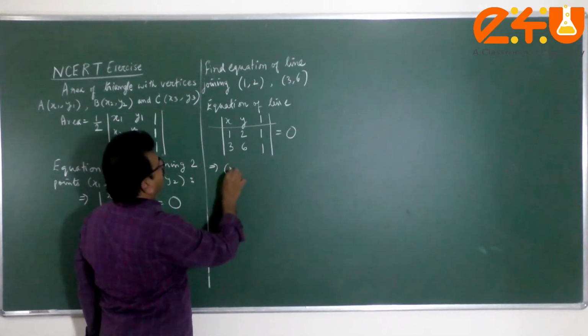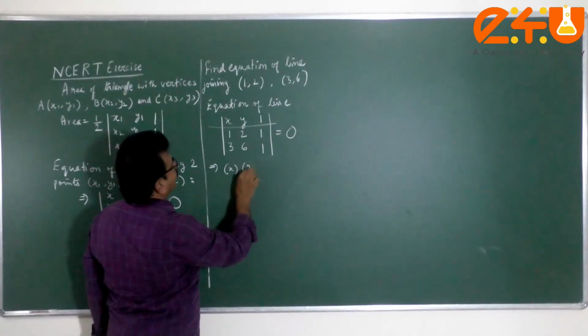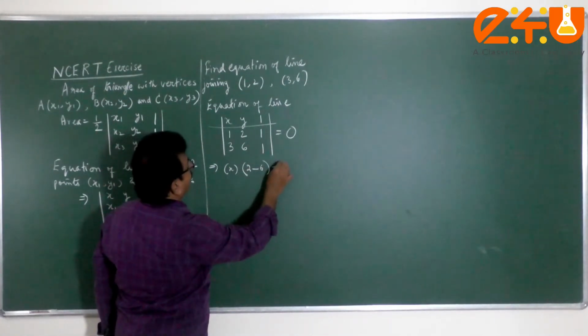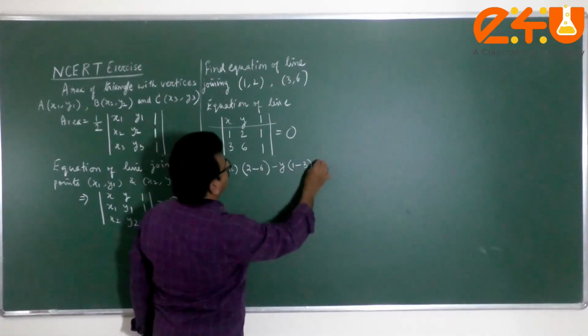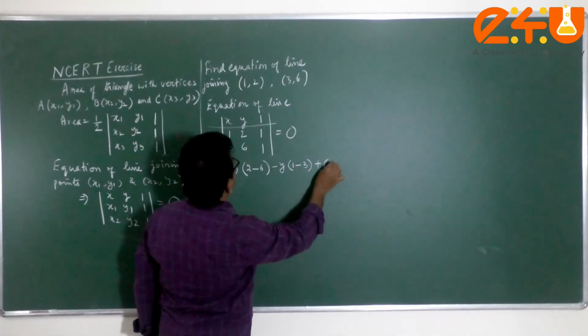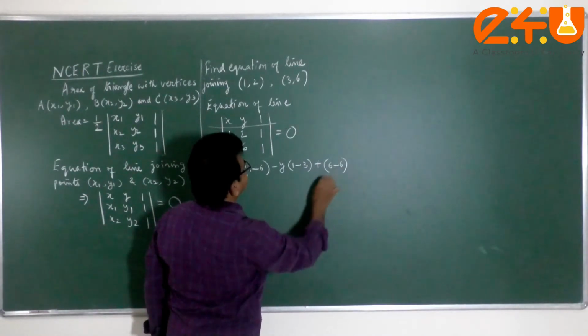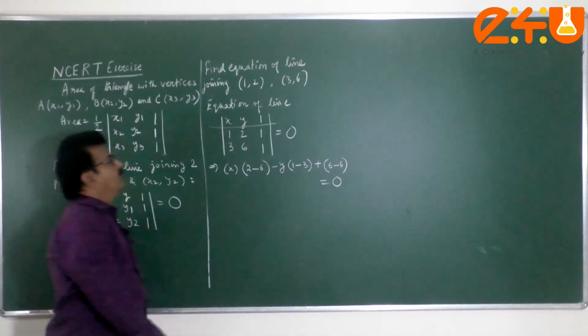That makes x into 2 minus 6, minus y into 1 minus 3, plus 1 into 6 minus 6 is 0.